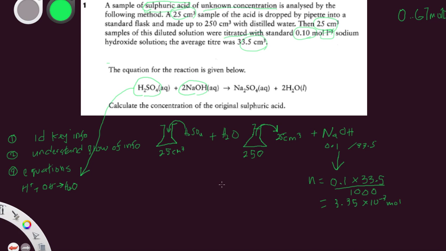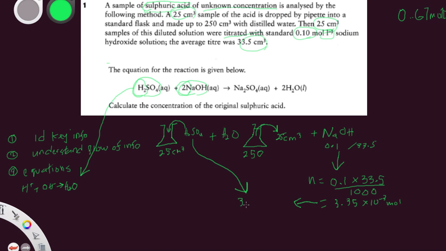Now the idea is the number of moles of the sodium hydroxide should be half of that of the sulfuric acid. Why? Because again, take note, there's 2 sodium hydroxide, and the 2 only requires 1 sulfuric acid. So technically, the amount of sulfuric acid that we require is only going to be half of this amount.